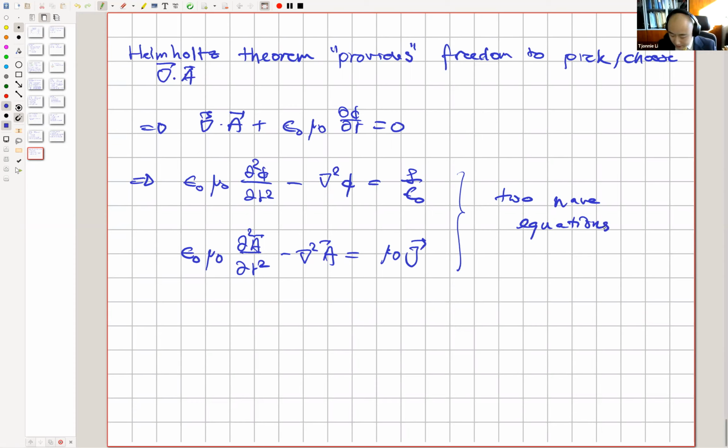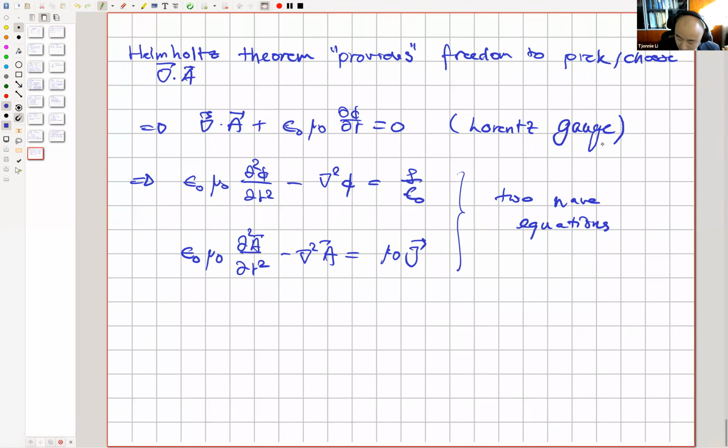So by selecting a particular form for the divergence of A, again, we call that a gauge. And in this case, this is called the so-called Lorentz gauge.